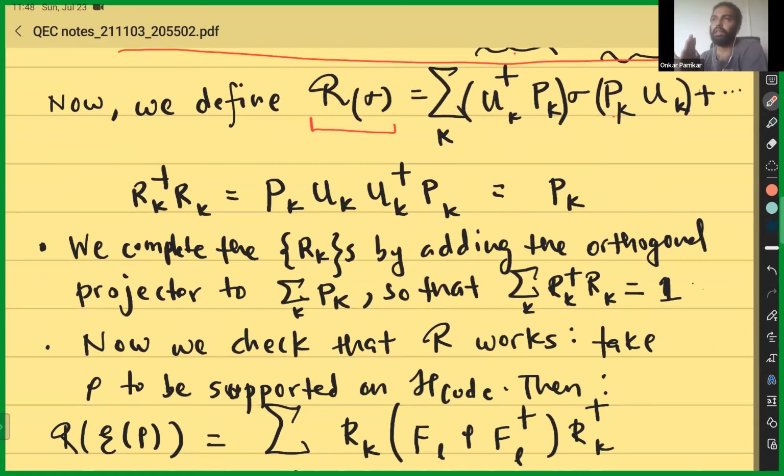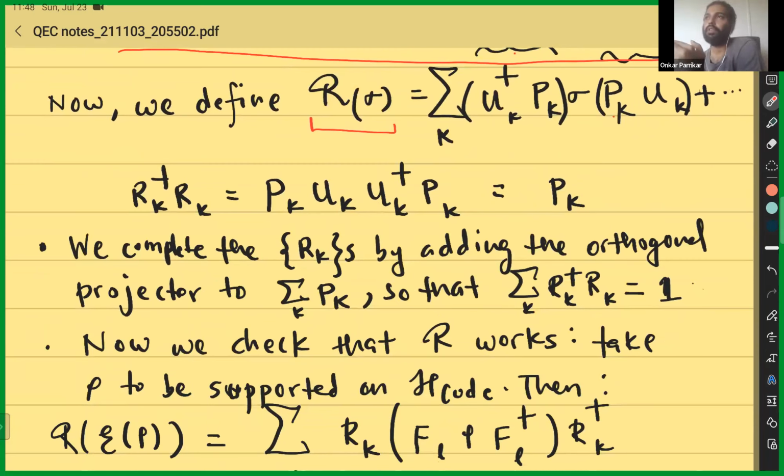Once you realize that the images of the code subspace under different Kraus operators are orthogonal, that gives you a strategy for how to recover from this error. The strategy is very simple. I want to construct a recovery channel that will reverse the action of the error. You can think of this in two steps.